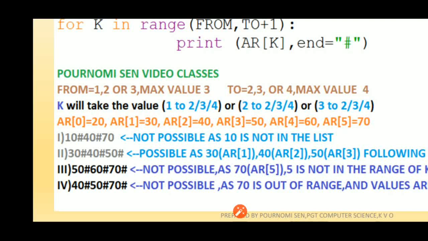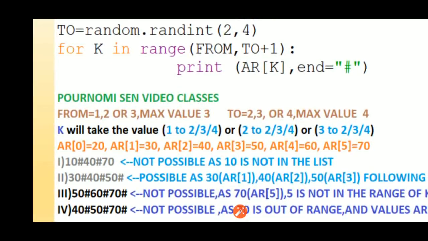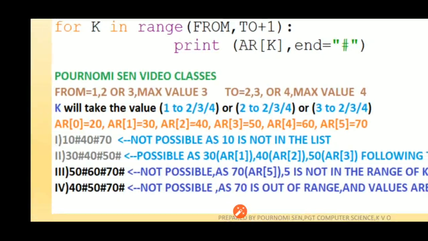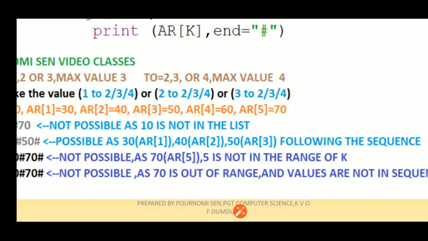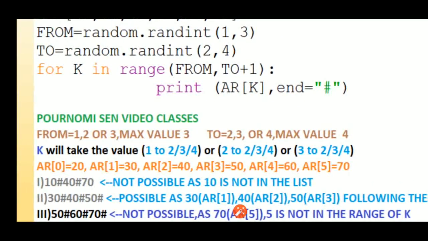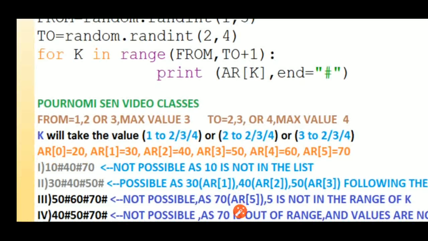So K can get the value 1, 2, 3. That means the value of K will be 1, 2 and 3. So it is a possible option and it's also following the sequence. As you know, in case of a for loop, the value of K will be in sequence. That means it is 1, 2, 3 or 2, 3, 4. There cannot be any gap. Okay, so the second is a possible option.